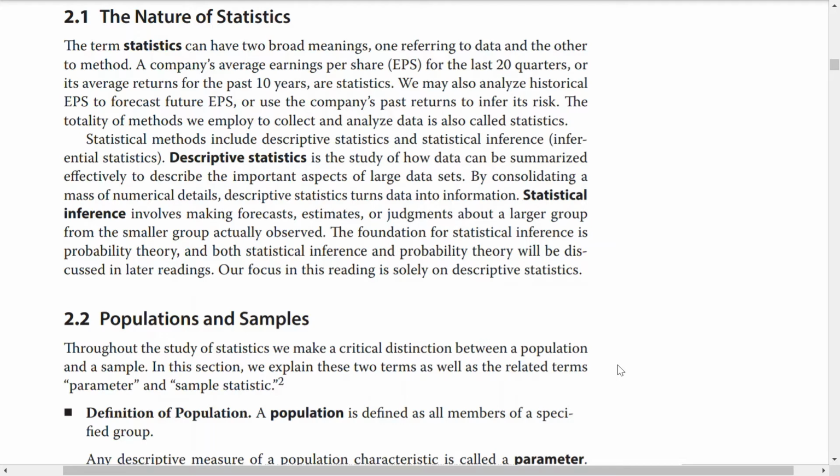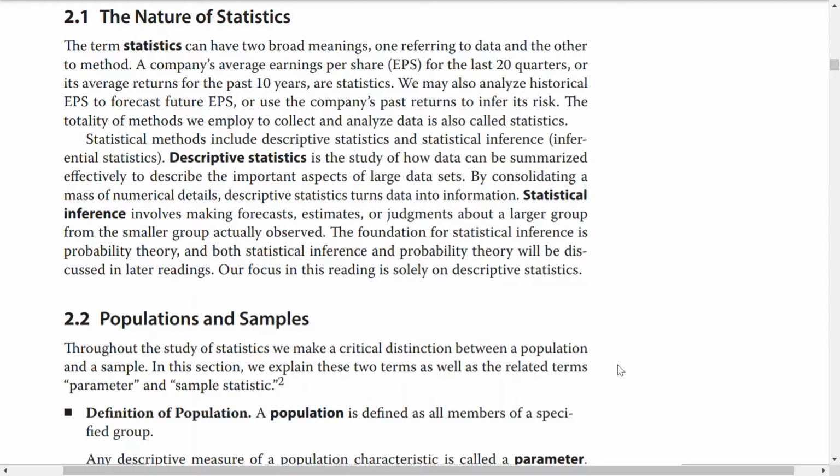We may also analyze historical EPS to forecast future EPS, or use the company's past returns to infer the risk. The totality of methods we employ to collect and analyze data is called statistics. Statistical methods include descriptive statistics and statistical inference, or inferential statistics.